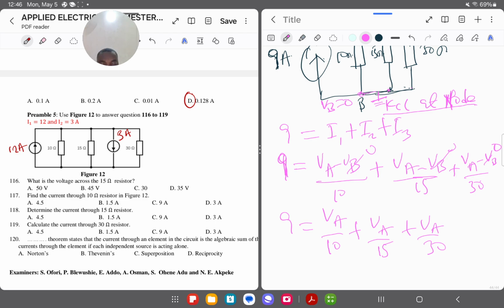So I'm now going to have the LCM here to be 15 times 10 times 30, which is 4,500. So 4,500 times 9, which is 405.